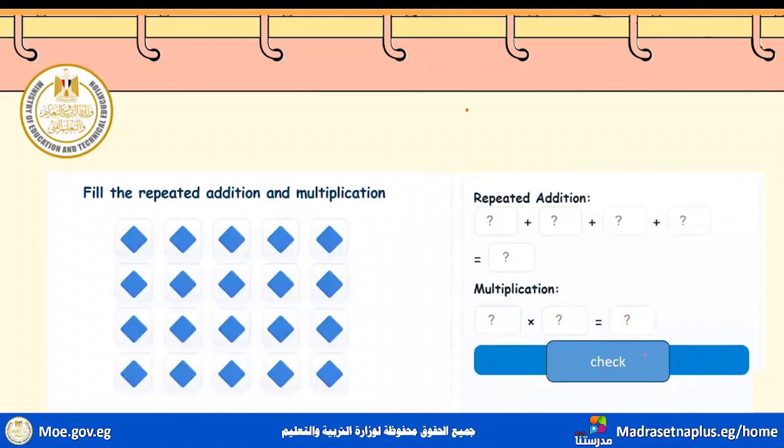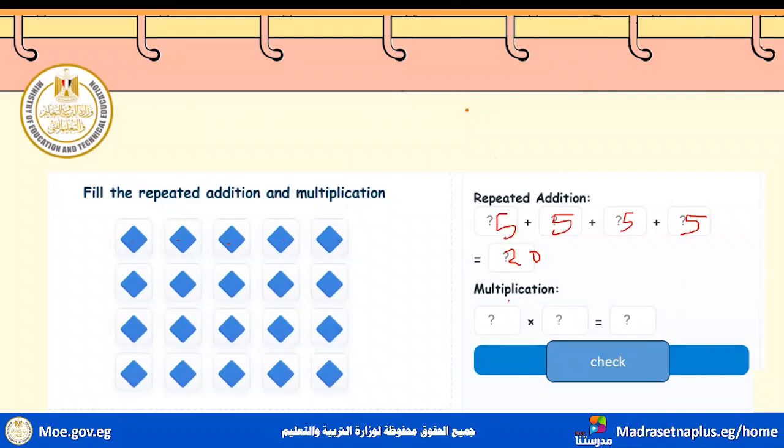Another one, using repeated addition and multiplication to find the total number of elements of this array. 1, 2, 3, 4, 5. That means I have 5 plus 5 plus 5 plus 5. 5 and 5 and 5 and 5 equals 20. So the total number by repeated addition is 20.